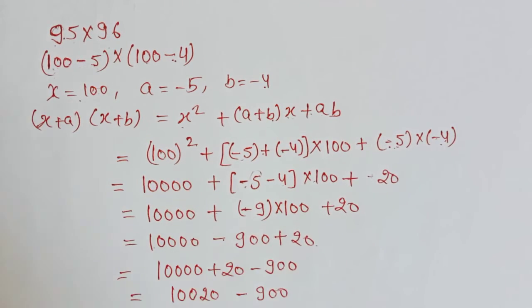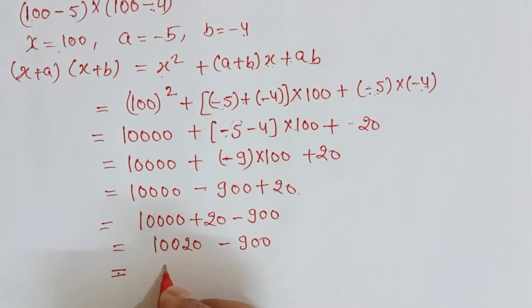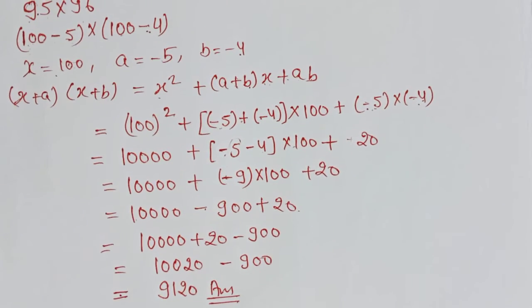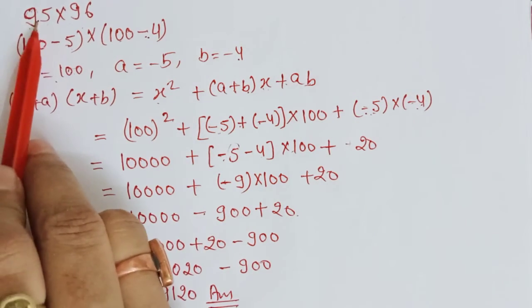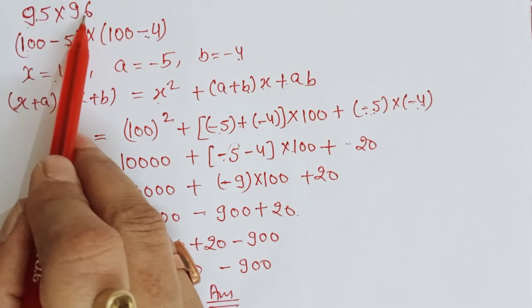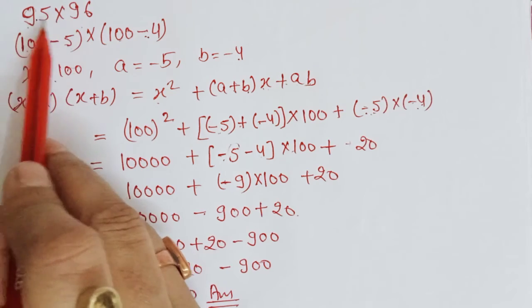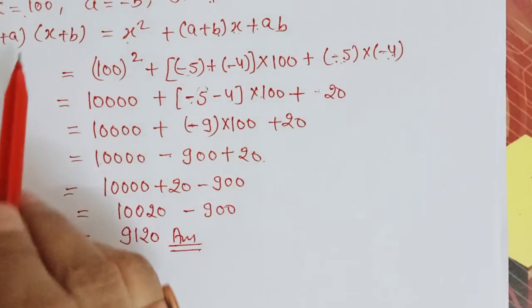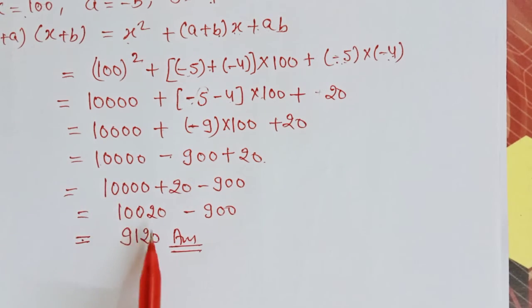After subtracting, this will be the answer to your question. You can also check this by multiplying these numbers using the simple multiplication method which you used in your earlier classes. So after applying the formula, we can expand it like this, and this is our formula.